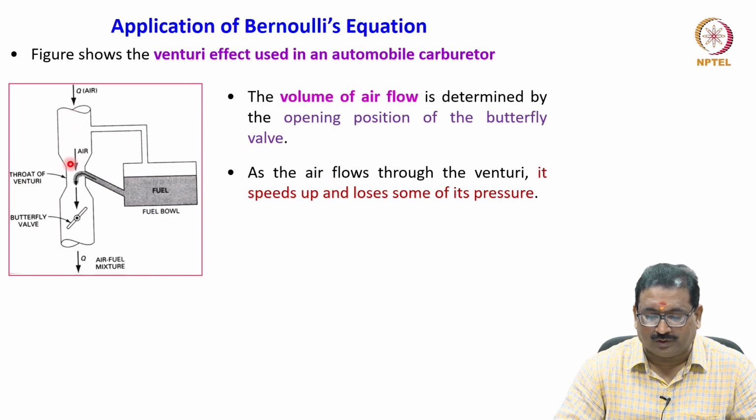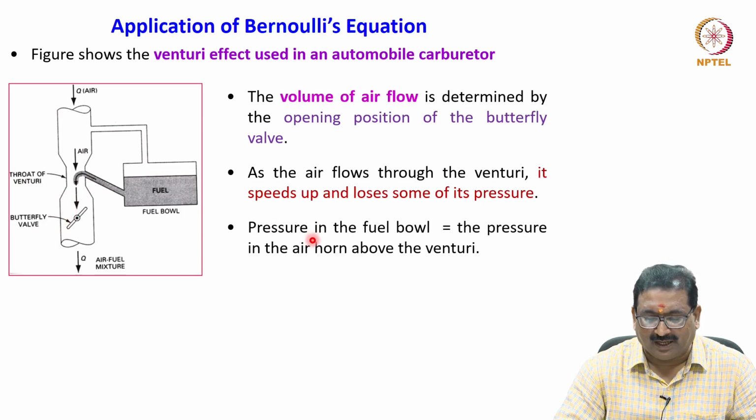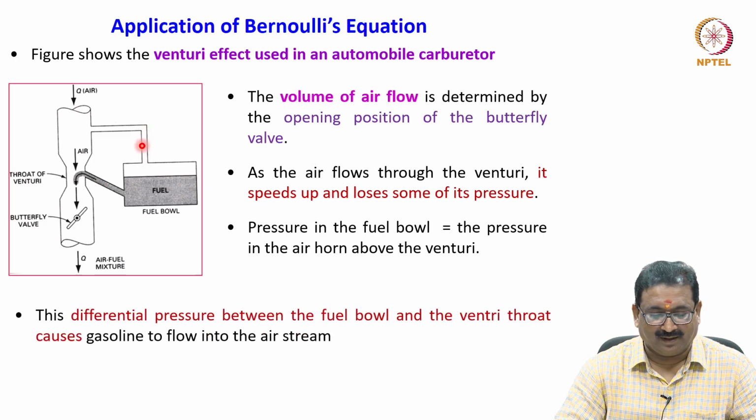As the air flows through the Venturi, it speeds up because of the diameter variations, and it loses some of its pressure. Pressure in the bowl is equal to pressure in the air horn above the Venturi. The differential pressure between the fuel in the bowl and the Venturi throat causes the gasoline to flow.